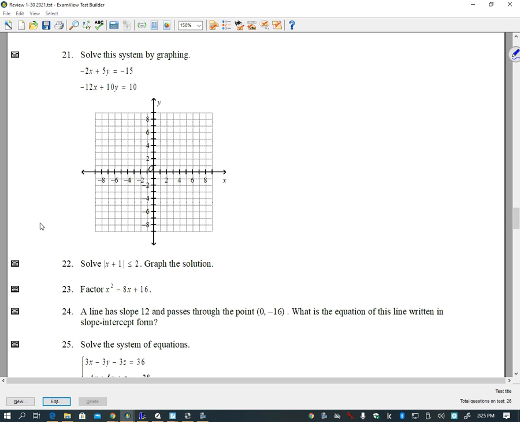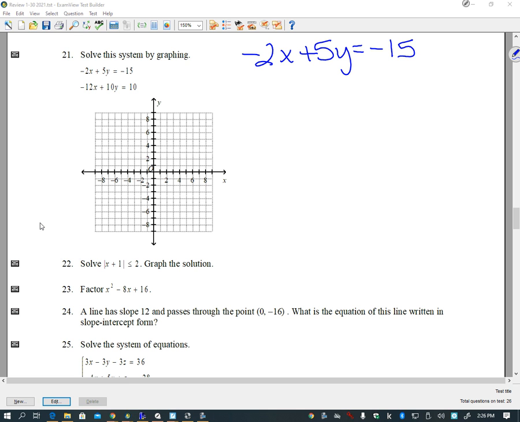So we have negative 2x plus 5y equals negative 15. We need to get that in slope-intercept form. How do I do that? Annalise, what's the first step? Add? Sure, add what? Well, we don't want to add negative 2.